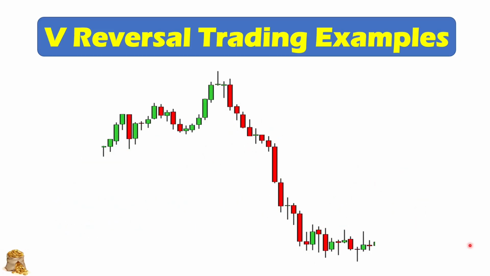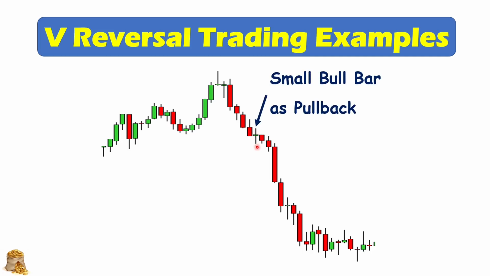Let's take a look at this chart for the pullback. So basically, we have the V reversal, and the market goes down to break the previous low. We are waiting for the pullback. However, you only see a very small doji-like bull bar here. So basically this bull bar is the pullback, even though it is a very small pullback. So you want to trade when you see this signal bar, on the next bar.